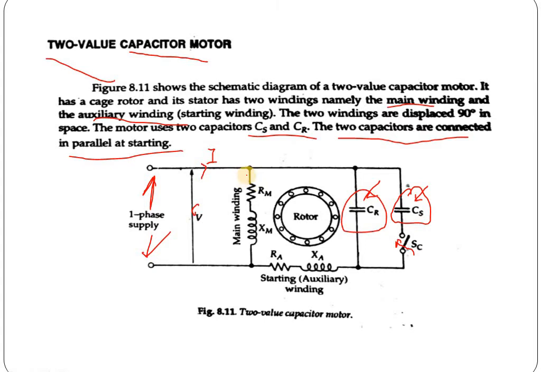Now it will be divided into two portions, one for the main winding and another for the auxiliary winding. This is the auxiliary winding, where the auxiliary winding current IA is flowing.